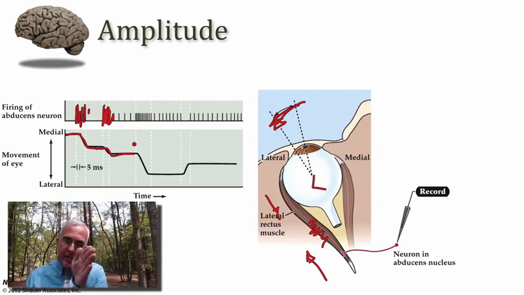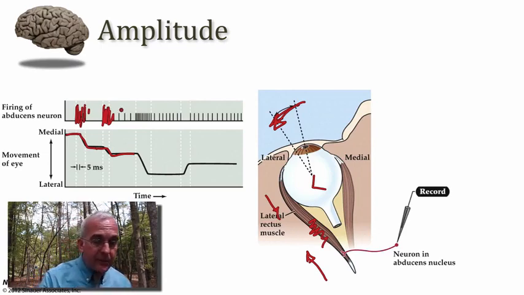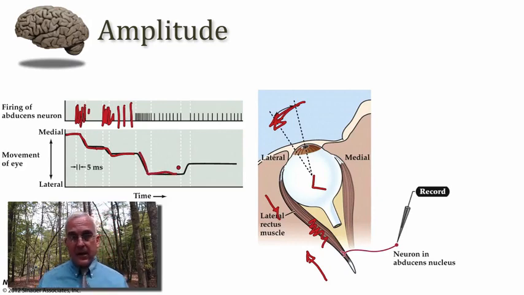And now if we get beyond some critical distance where we actually need to pull our eye in order to keep fixation at that particular angle relative to the neutral position of our orbit, there may be some ongoing activity in that abducens motor neuron. Let's say we now make a far extreme eye movement, abduction, moving our eye out far to the left.